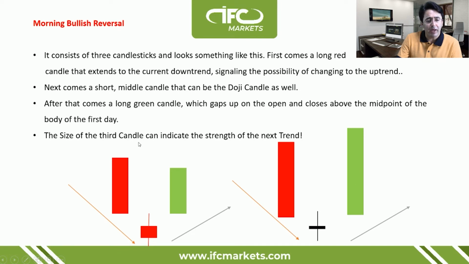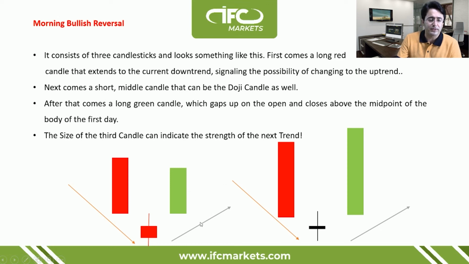In this kind of pattern, the third candle tells us the power of the next possible trend. It appears at the end of a downtrend, and then the third one is a green candle. The bigger this green candle is compared to this previous bearish candle, the more it tells you how powerful the next trend can be.